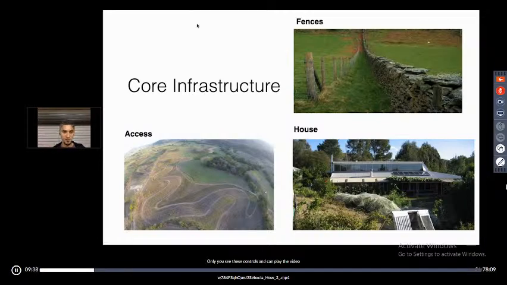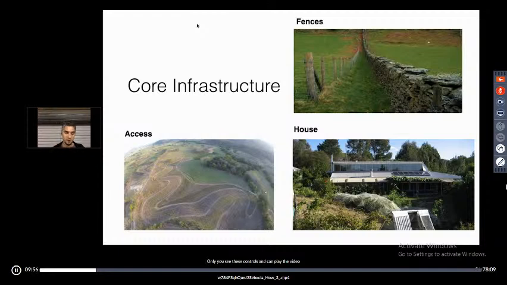But now I'm talking about the main access points, the main fences, or the most permanent ones, and the position of the house. All the details, we'll talk about all the details in that homestead zone 1 and zone 2.